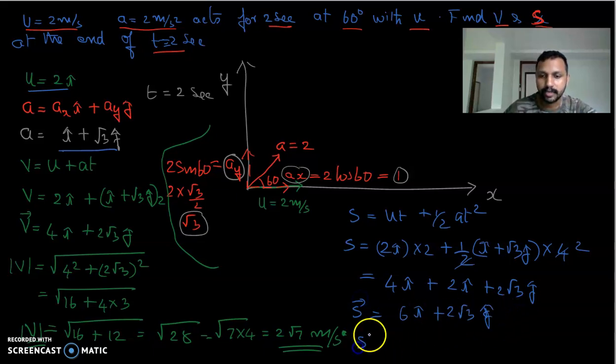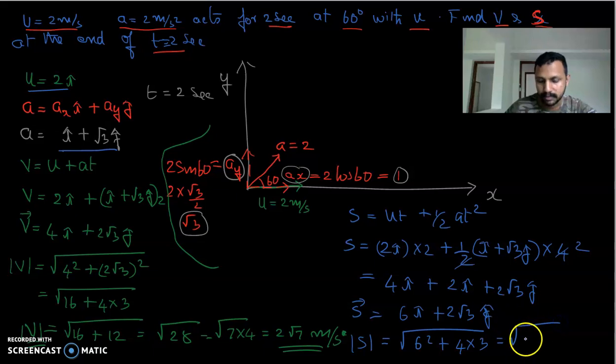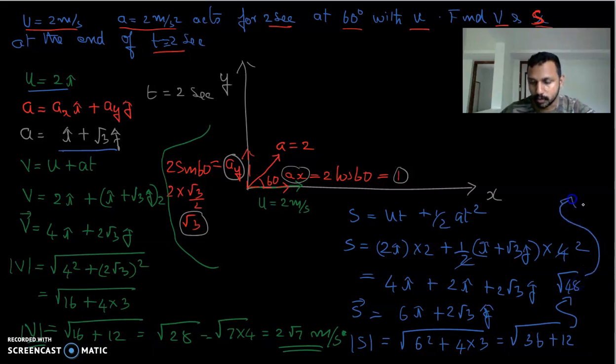And if you want to find the magnitude of displacement, it should be root of 6 square plus 2 root 3 whole square, which is 4 into 3. Therefore, 6 square is 36 plus 12, that is root of 48, and root of 48 is root of 16 into 3.